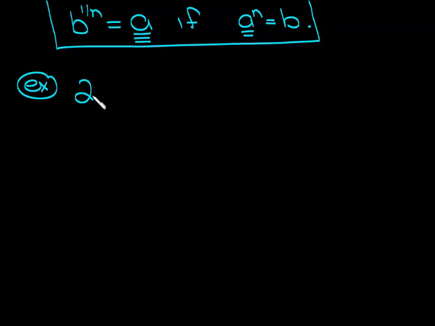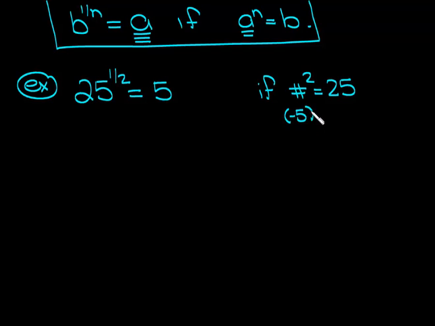So let's say you have 25 to the half. So 25 to the half will equal some number. We're looking for that number. If we can find that number and square it and get 25, and you can do that in your head, you can see that we're going to end up with 5. Now keep in mind, if I were to take minus 5 and square it, I still get 25.